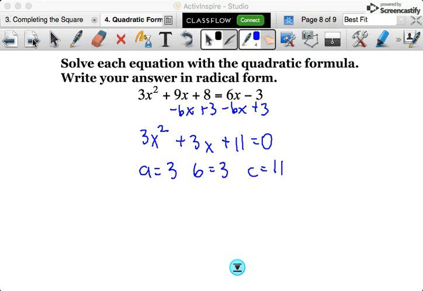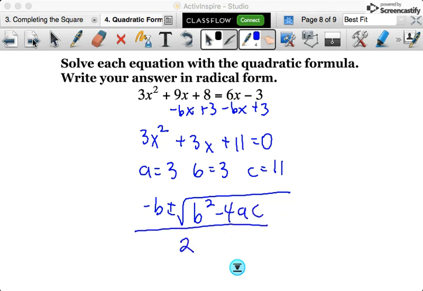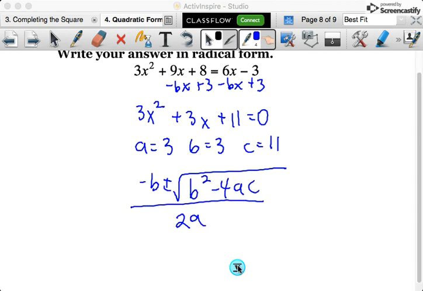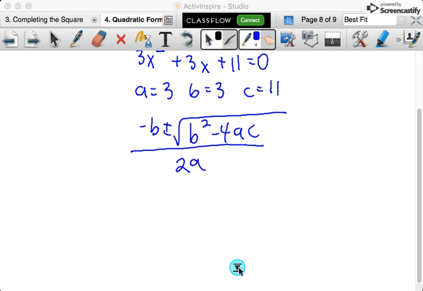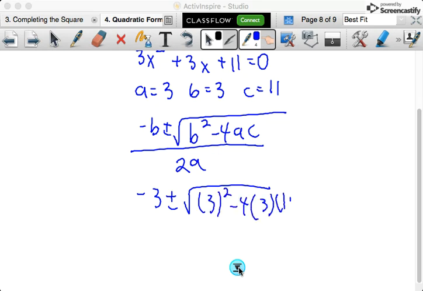And then I'm going to plug this in. -b plus or minus the square root of b squared minus 4ac all over 2a. And I'm going to say, all right, -b becomes -3 plus or minus the square root 3 squared minus 4 times 3 times 11 all over 2 times 3.